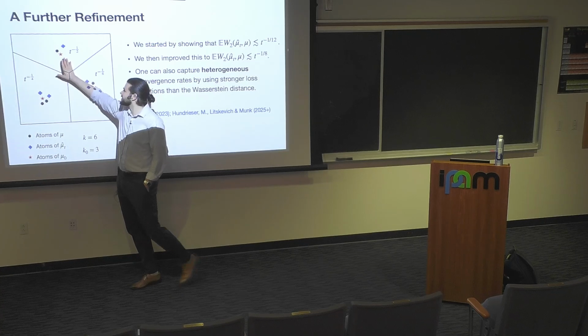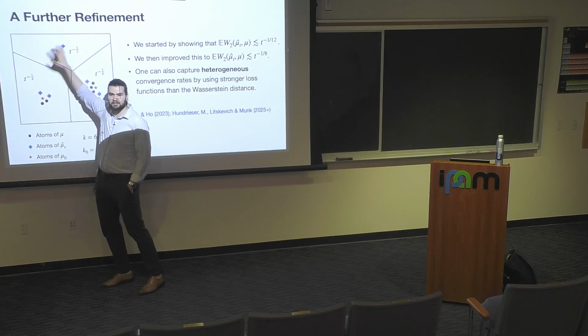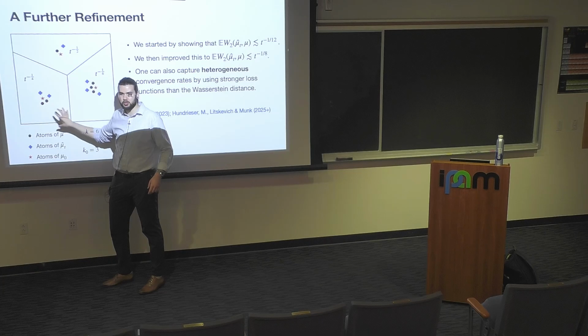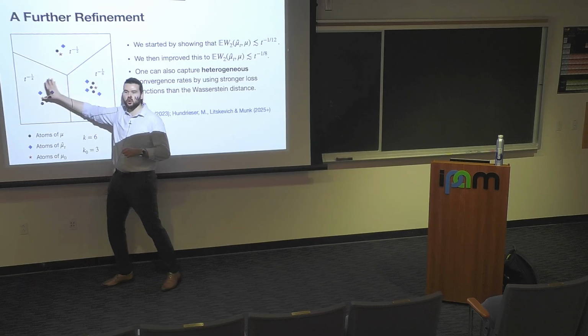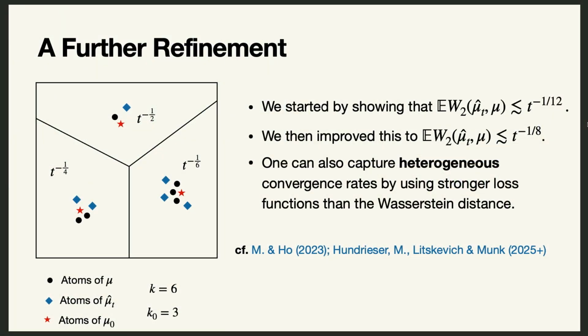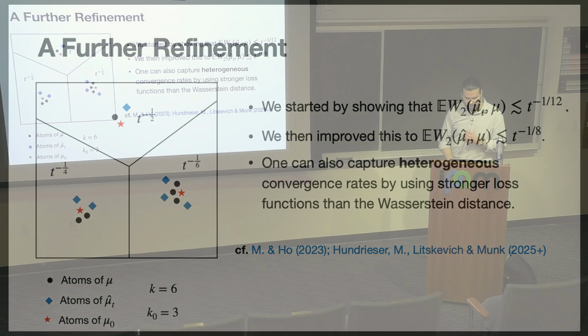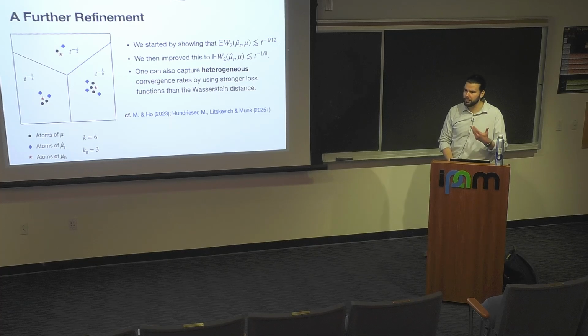This makes sense. This is a faraway point. The fact that we have a lot of convolution down here shouldn't impact it. And then you get a t to the minus quarter over here, t to the minus 1 over 6 over here. So the picture is much more heterogeneous than the Wasserstein distance would lead you to believe. Okay, I won't belabor this point, but just to say that one can make further refinements in this problem.